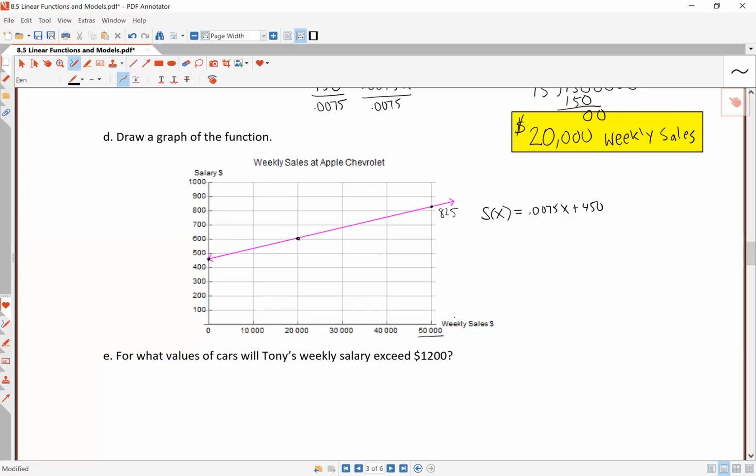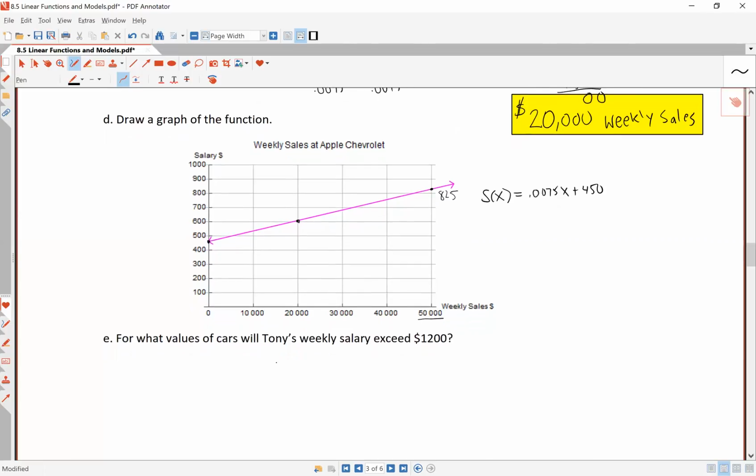So we're going to have to sell more than $50,000 to exceed $1,200. So let's figure out for what value of the sales makes the salary exceed $1,200.